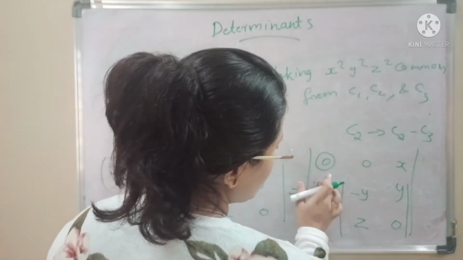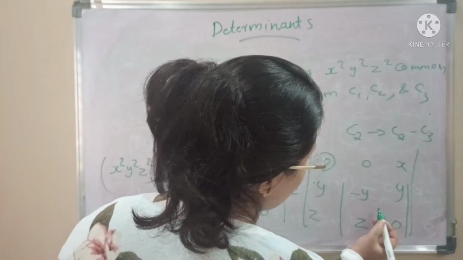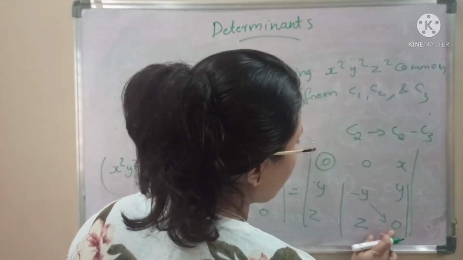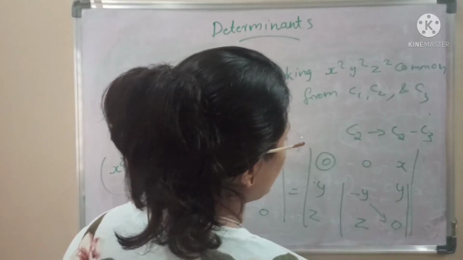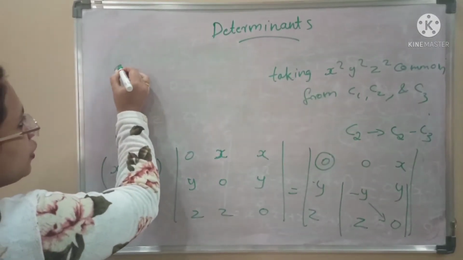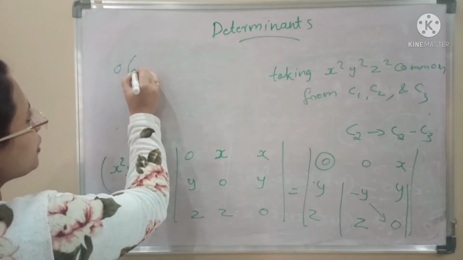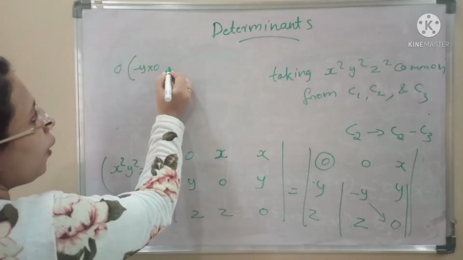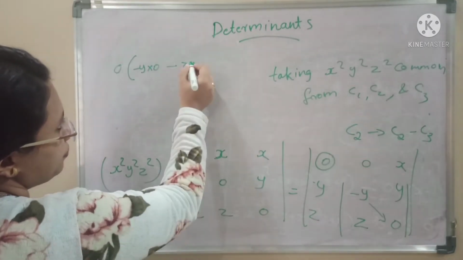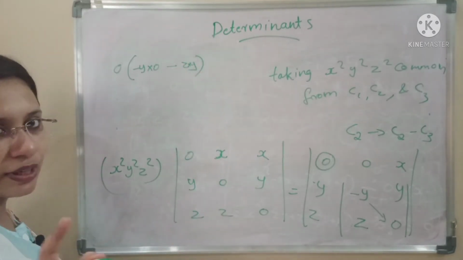Okay, so 0 into, we will do here minus y into 0 minus z into y. This is our basic operation of determinant. So 0 into minus y into 0 minus, okay, z into y, z into y.